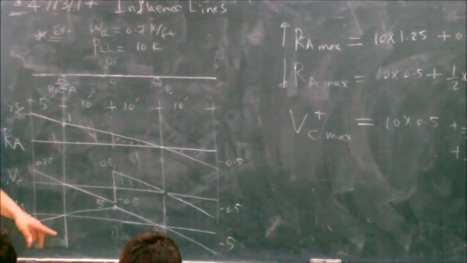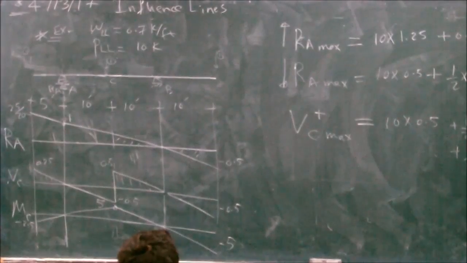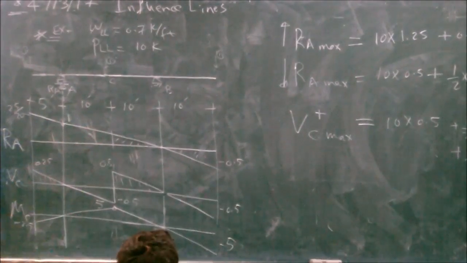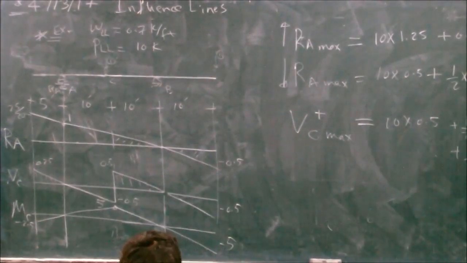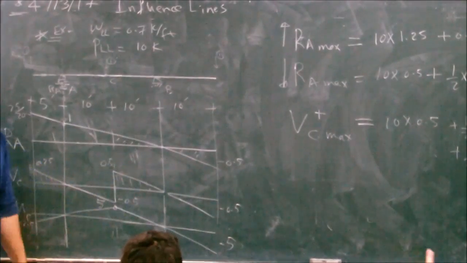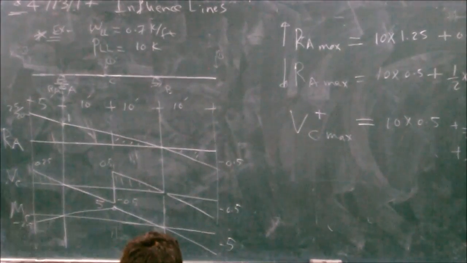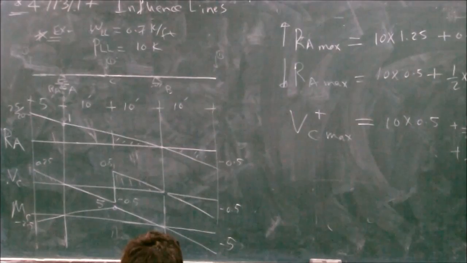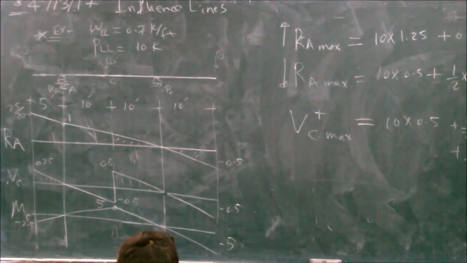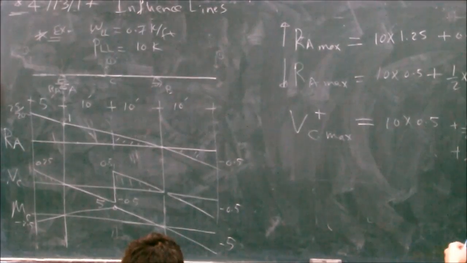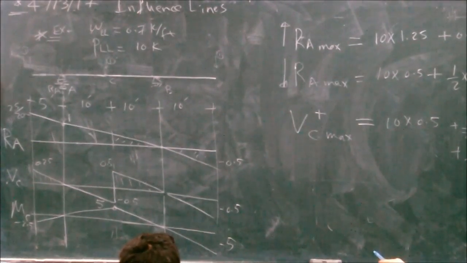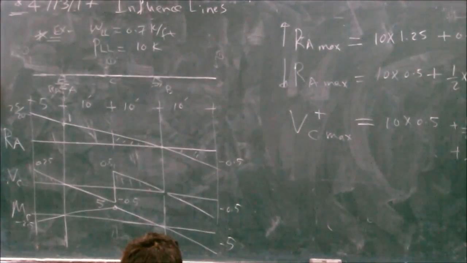So the maximum shear is the negative shear. You compute both of them, positive and negative, and take the max. Here we took only one because they are the same.